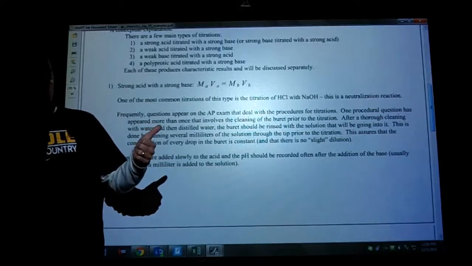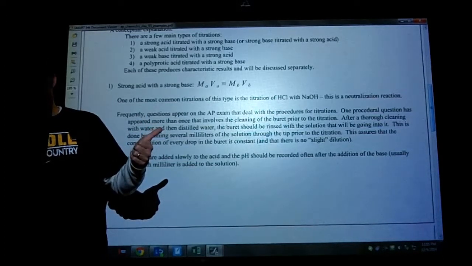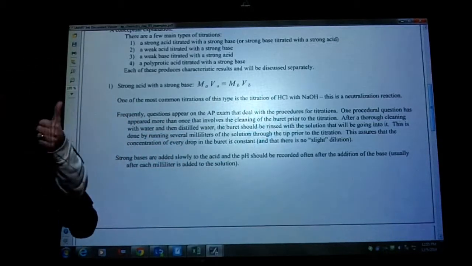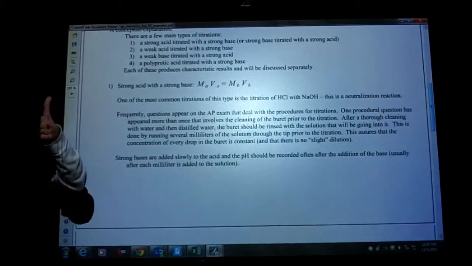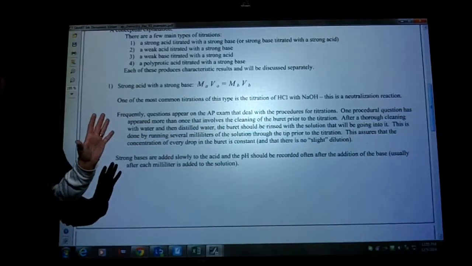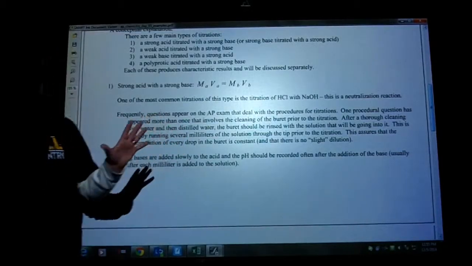Who remembers how many drops make up a milliliter? Nobody's done pre-lab yet. There's 20. Okay, 20 drops make up a milliliter. So in some cases, it might be down to 2 or 3 drops, and trust me, when you see it, you'll know it. You'll go, oh my goodness, that was pretty close.